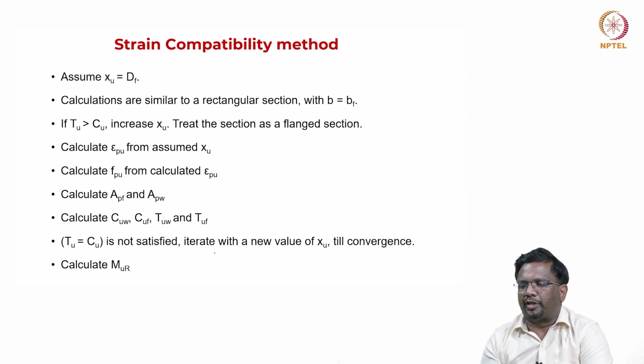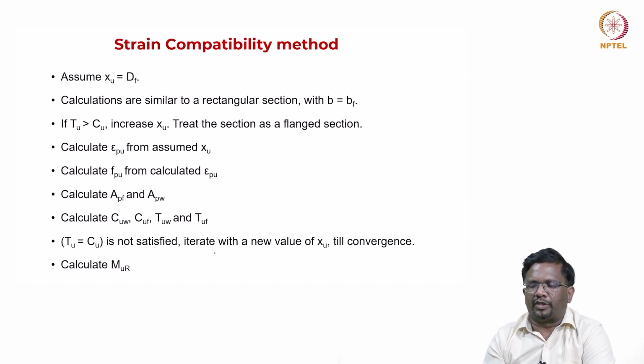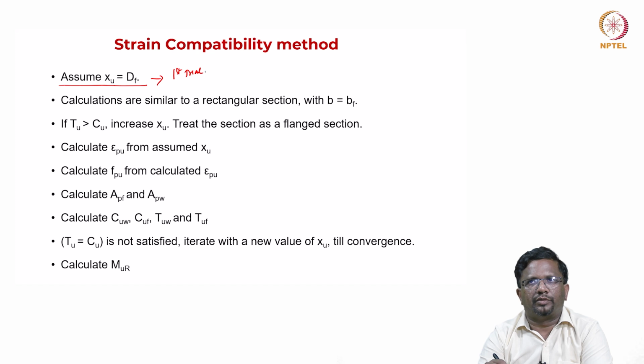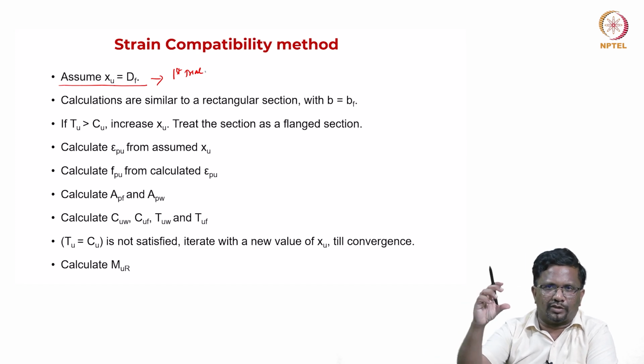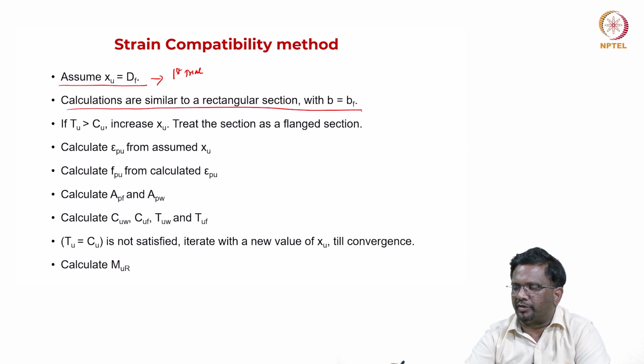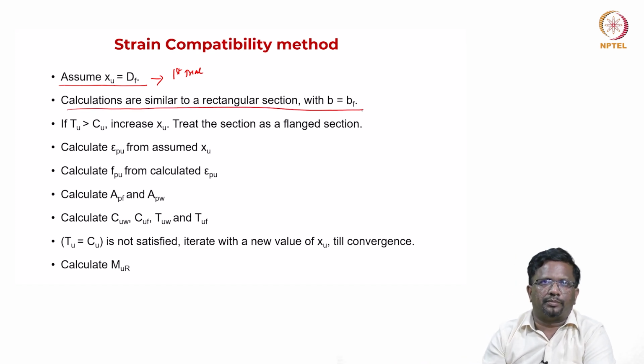Now, again strain compatibility approach, first we can assume xu. How do we go about it? You have to assume xu. So first you can assume as a first trial xu equal to df. So calculations are similar because now the neutral axis is equal to df. The calculations are similar to rectangular section with b equal to bf.